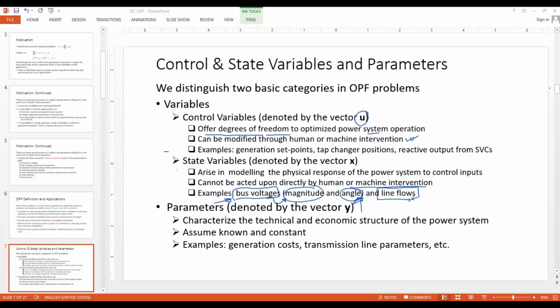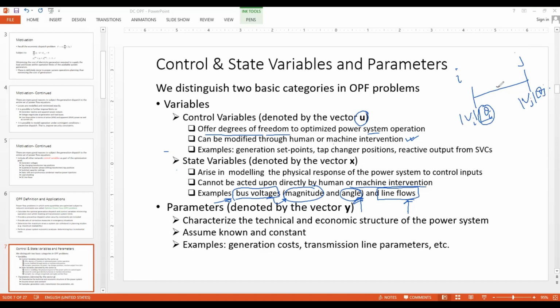Similarly, consider the line flow between two buses, bus I and bus J. Probably you will be able to control the magnitude, but the associated phase angle you cannot control directly by the excitation system. So this is Vi angle theta i, and this is Vj angle theta j. These things are not possible.